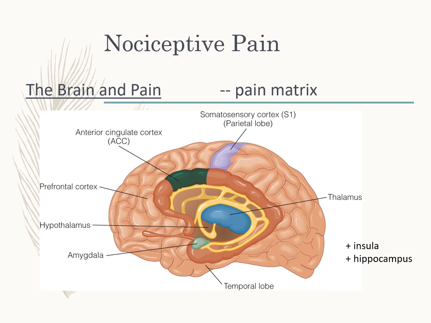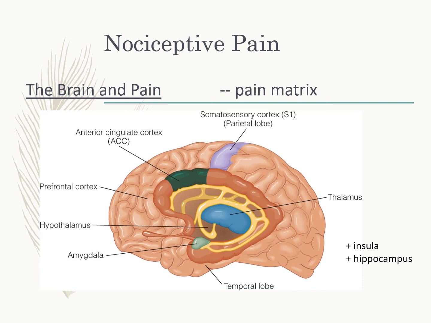And to some extent, for some of those regions, especially the amygdala I know of, and parts of the insula, that information goes straight to those areas and bypasses the thalamus, and then also everything's still communicating within that. But for the most part, it gets sent to a couple of thalamic nuclei and sent on to the insula, somatosensory cortex, anterior cingulate cortex, prefrontal cortex, hypothalamus, hippocampus, and the amygdala.